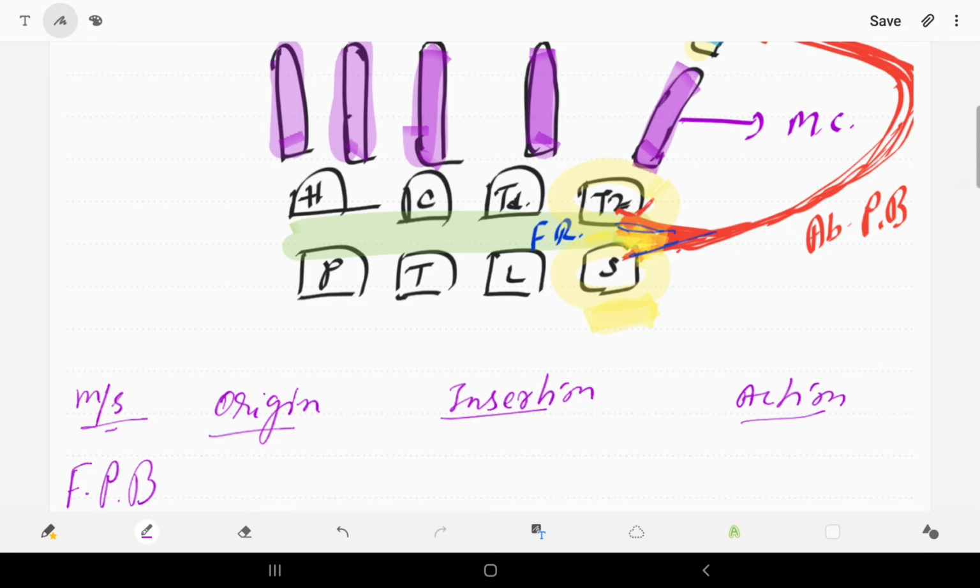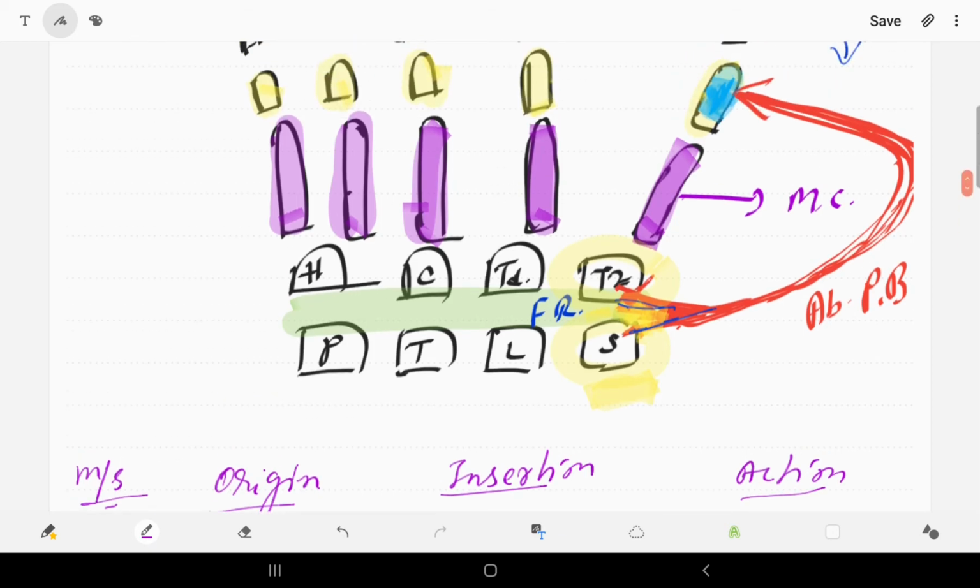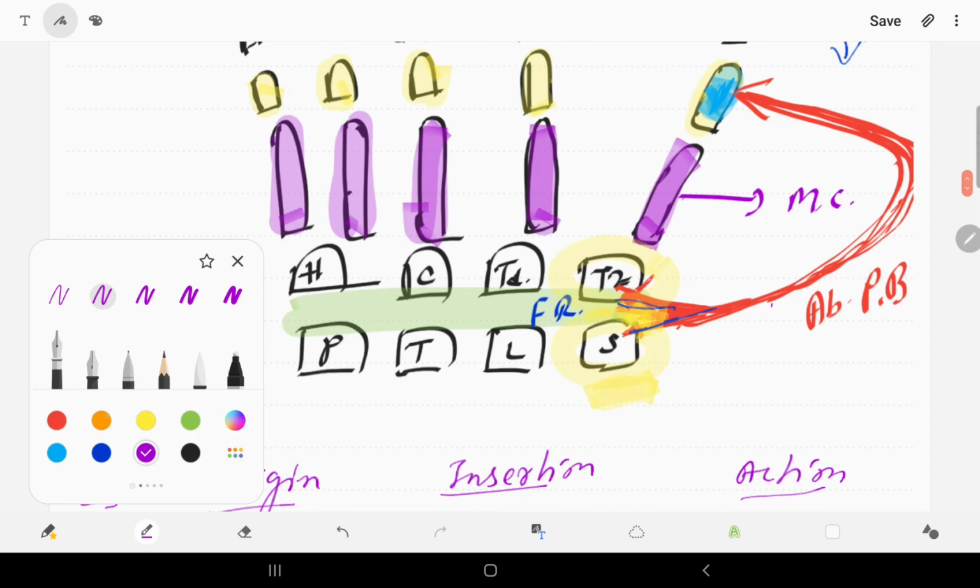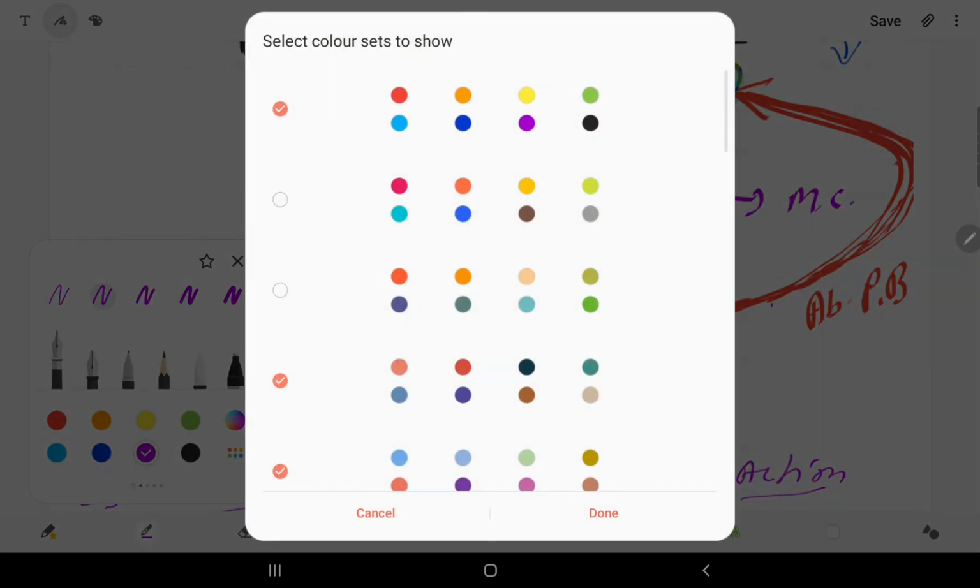Its origin is a little bit the same, and insertion is more or less the same as abductor pollicis brevis. But flexor pollicis brevis is medial to abductor pollicis brevis.